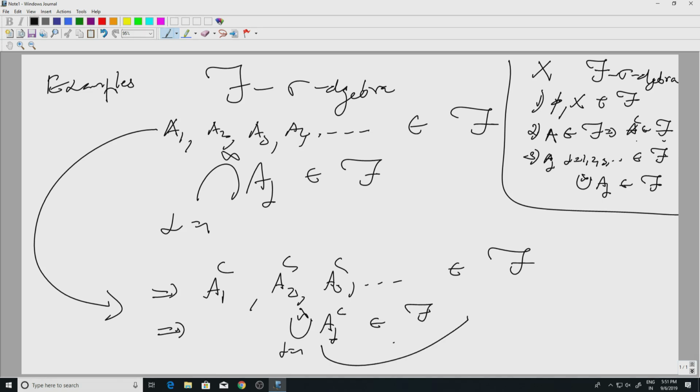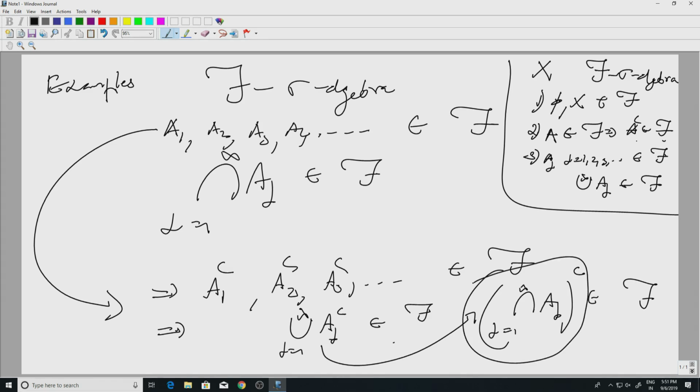But this is nothing but the complement of the intersection of Aj, j equal to 1 to infinity, by de Morgan's theorem. So, the complement of this set will also be in script f, which is this, right. So, the sigma algebra is closed under unions, complementation, intersections or whatever set theoretic operation you can generally do.